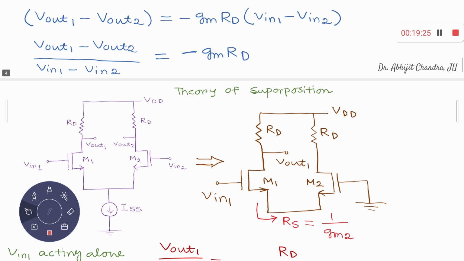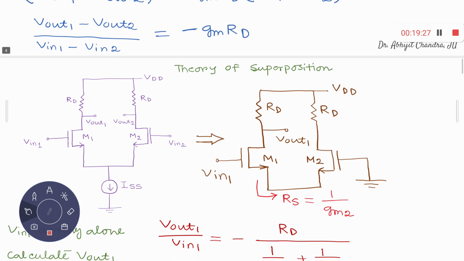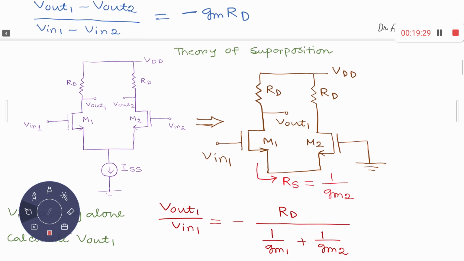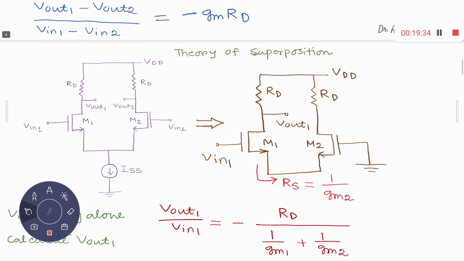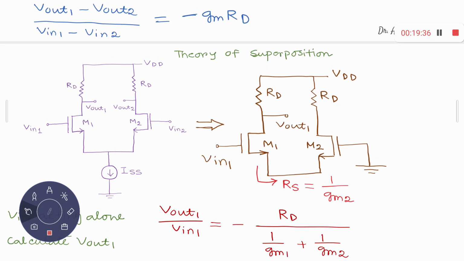Using the theory of superposition, how can I calculate the voltage gain of this differential pair? As you know, for applying superposition, you have to apply one input at a time, keeping the other inactive, and then find the individual outputs. Here you have two inputs, V1 and V2, and two outputs, Vout1 and Vout2.